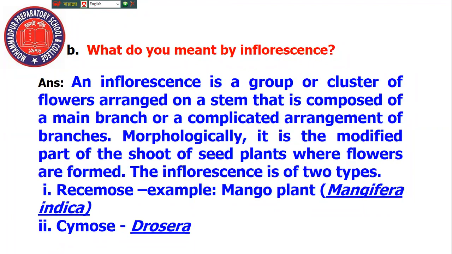But the distribution of the flower, where and how it is distributed on the axis of the plant: is it unlimitedly growing or distributed, or is it limitedly distributed? And there are 2 types, that is racemose. Already I provided you an example in the last class, also indicating a scientific name.